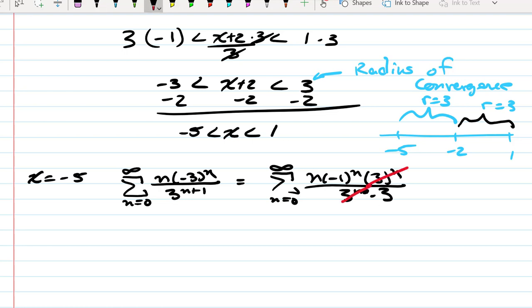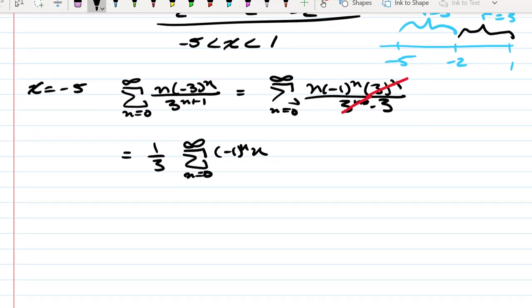And our 3 to the n's reduce out, and we would get, pulling our 1/3 out in front, the sum as n goes from 0 to infinity of negative 1 to the n times n.